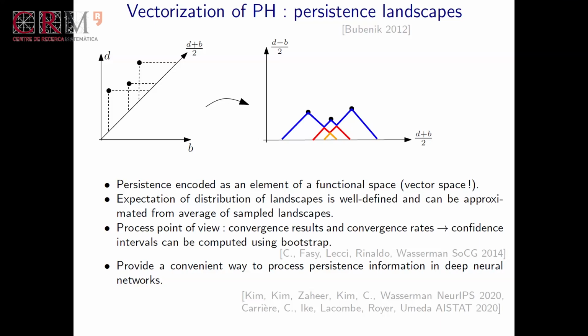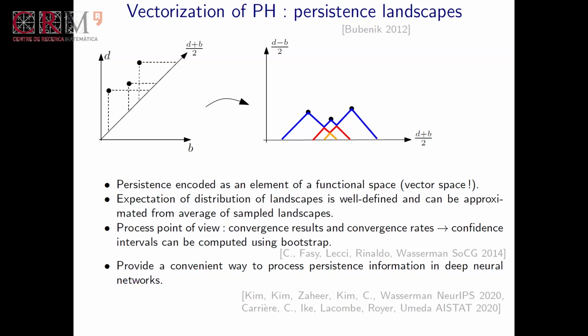So we can compute averages. If we have a distribution of persistent diagrams, we can look at its expectation. And in fact, we can even do more, though I won't explain this because it would need to go through some aspects of empirical processes. Taking a process point of view, when you have a distribution of persistent diagrams, you can see it as a distribution of landscapes.